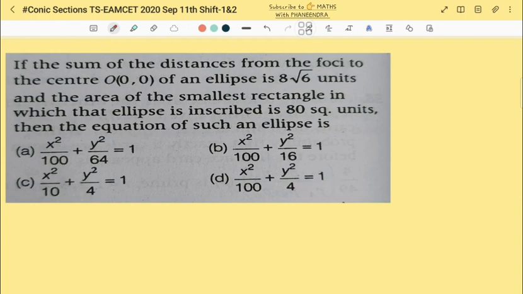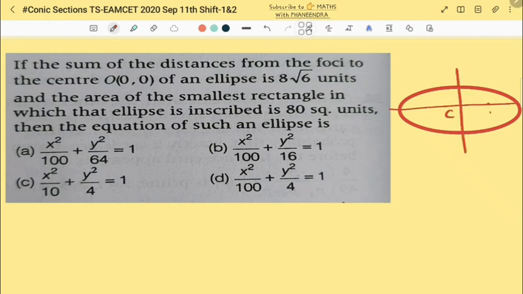The next question is: if the sum of the distances from foci to the center on the ellipse is 8 root 6. So the ellipse equation is this one, dear students. This is the ellipse equation. This is the center. These are the foci.